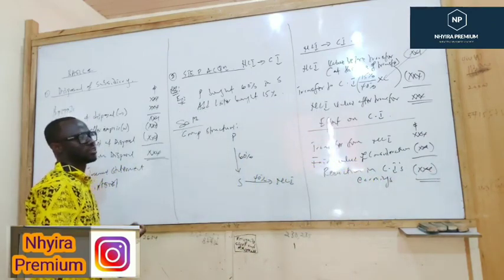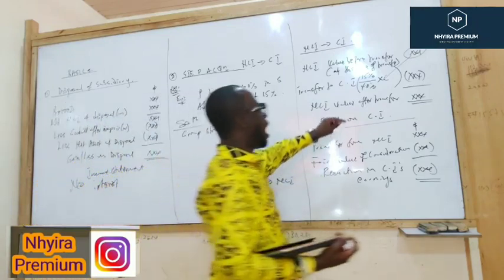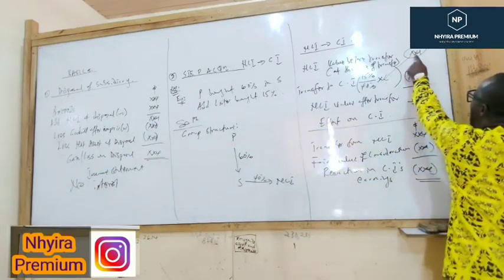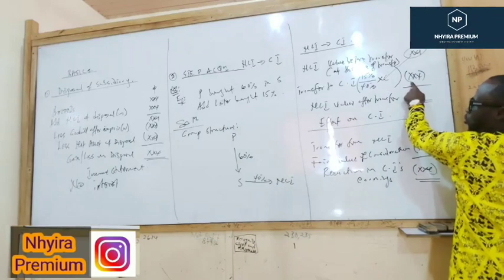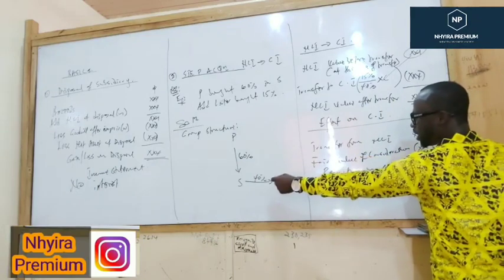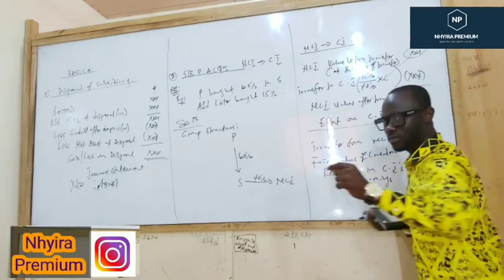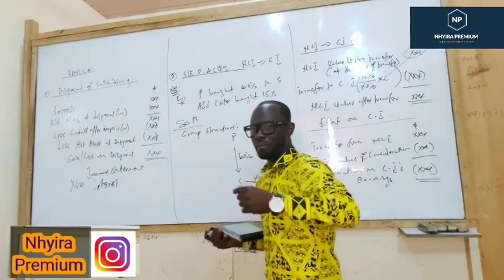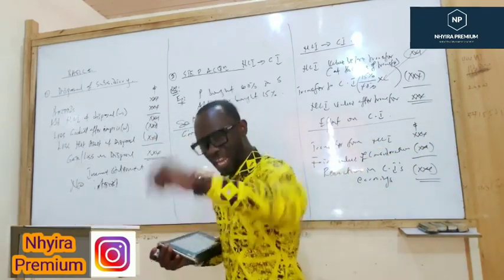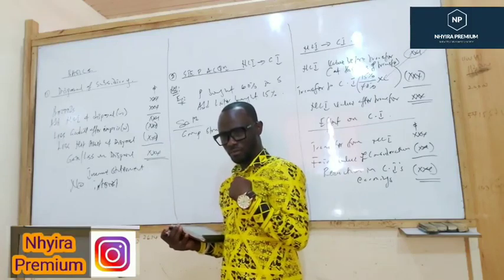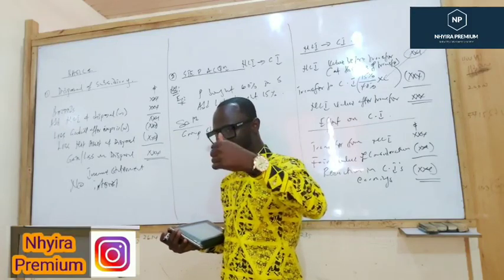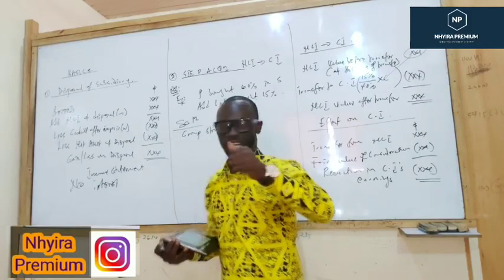What does it mean? Do you agree that how much they are transferring to you will be less than how much you are paying them? Because they have to make a profit on the transfer. Do you get the concept here?